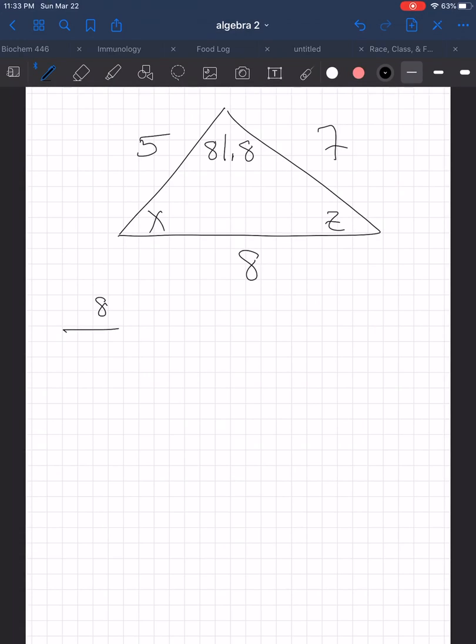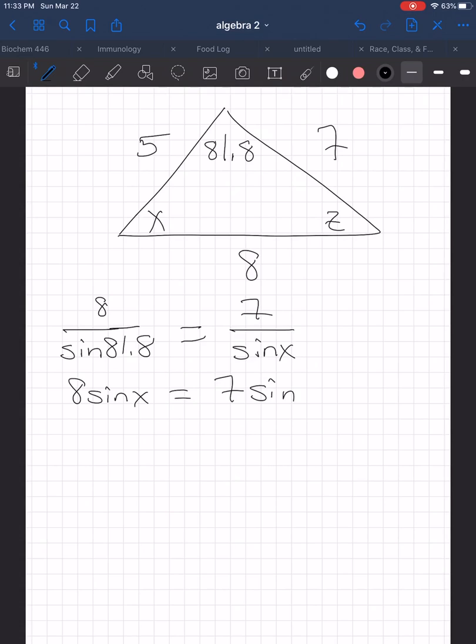So I'm going to say 8 over the sine of 81.8 is equal to 7 over the sine of x. And now we cross multiply. So we get 8 times the sine of x is equal to 7 times the sine of 81.8.